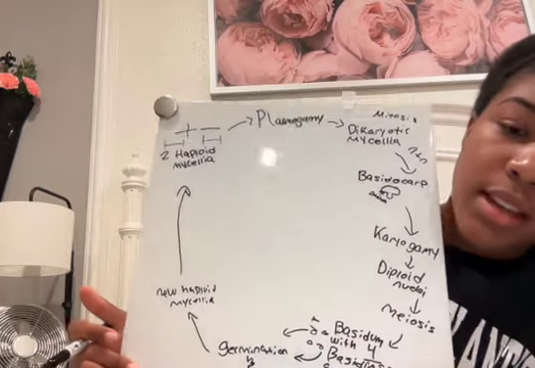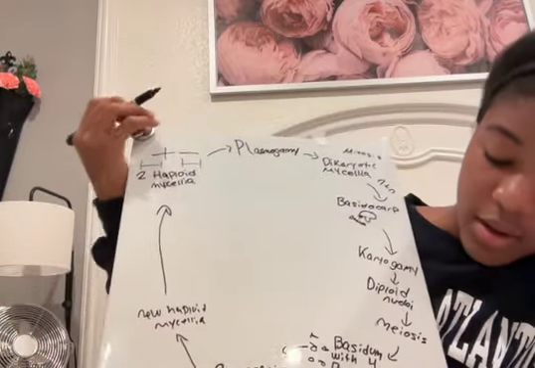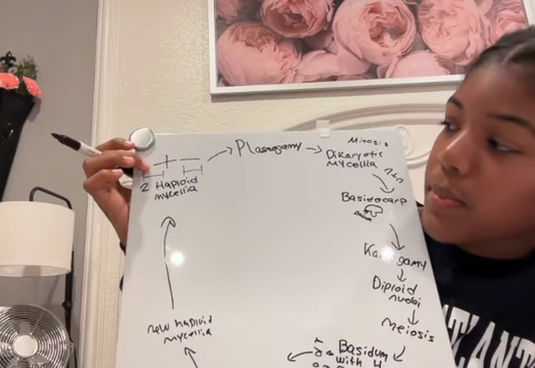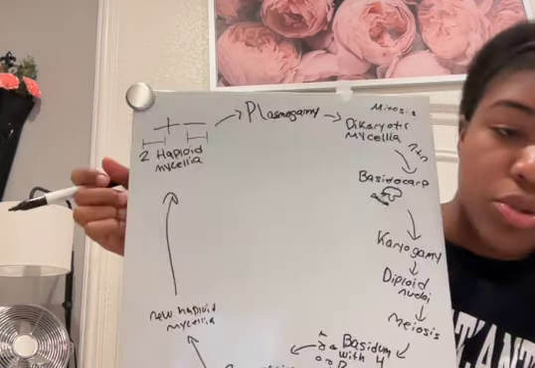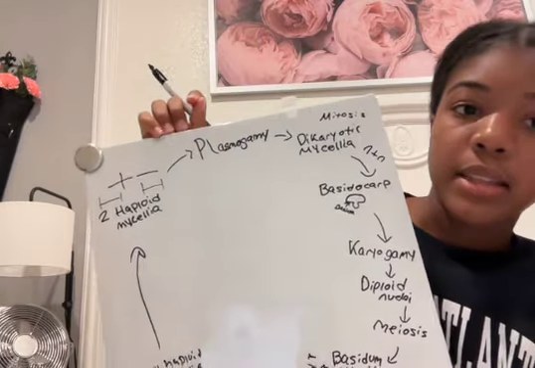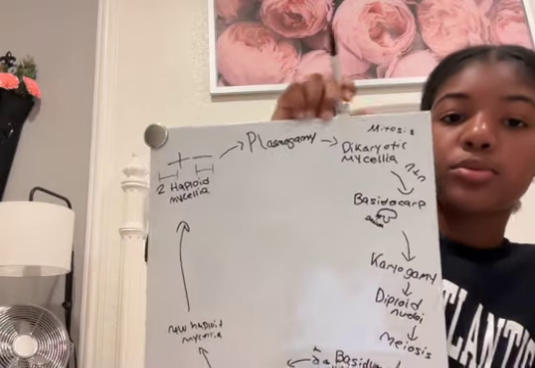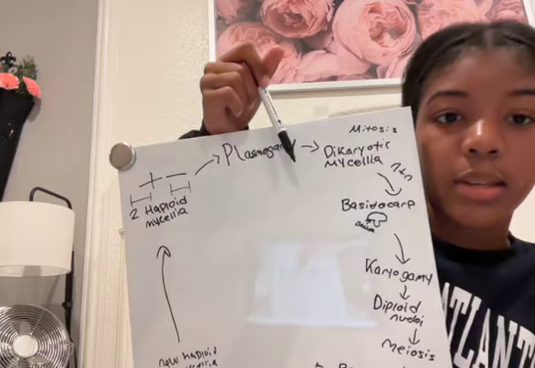So let's go over it again. Here we have our mating types, the positive and negative, because they are not female or male. This is our 2 haploid mycelium. And after our 2 haploid mycelium, we undergo plasmogamy. And with the plasmogamy, it goes through mitosis, which creates our dikaryotic mycelia.